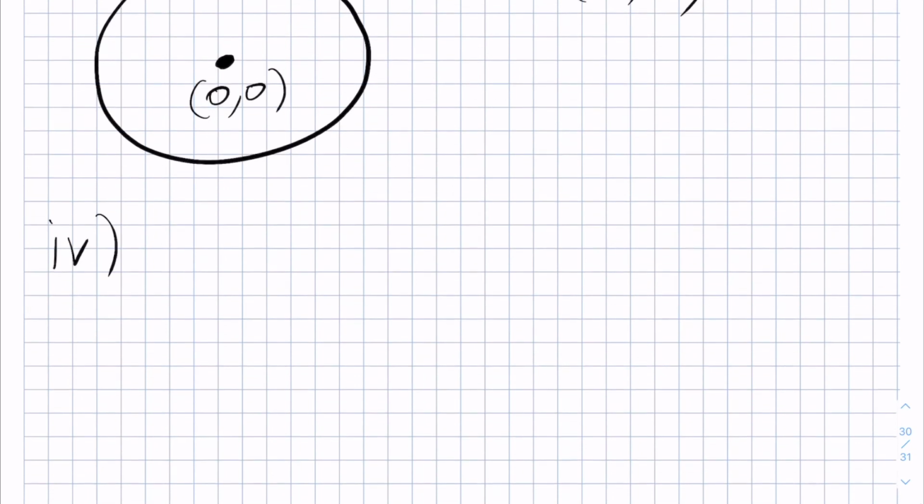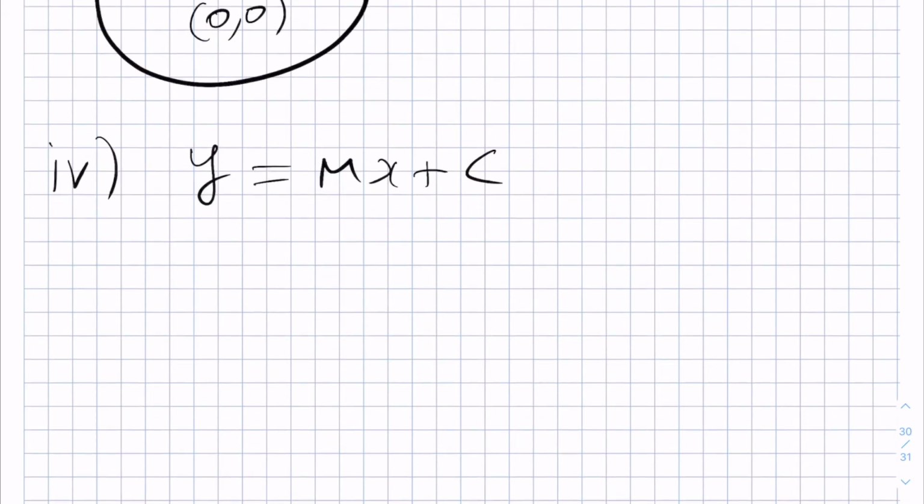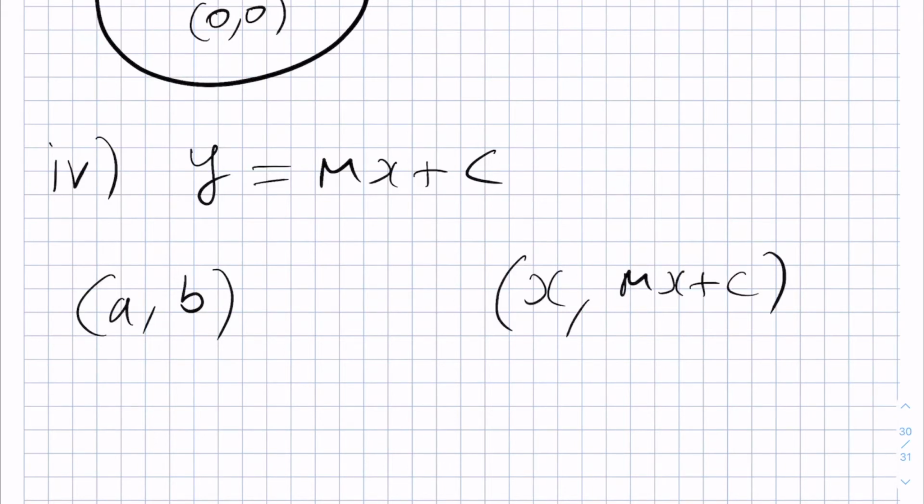So we have this line with equation y equals mx plus c, and we have a point AB and a general point which is on this line, x with mx plus c, where m varies.